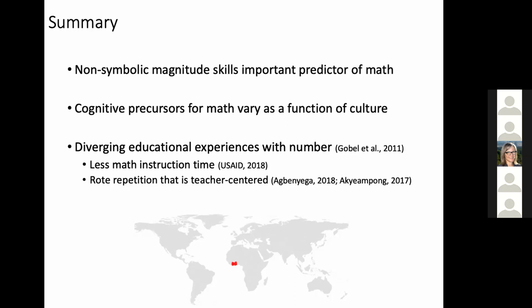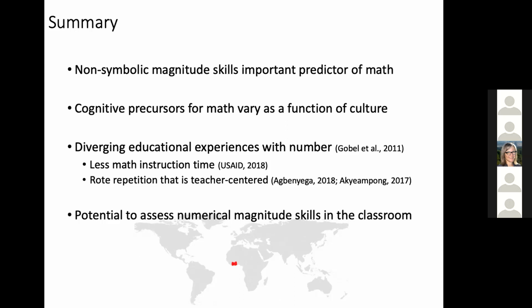So taken together, we found that the numeracy screener did show strong associations with international assessment of numerical magnitude abilities. But in our case, the non-symbolic comparison task was the stronger predictor of individual differences in Ghana and Cote d'Ivoire. And this lends support for its potential to be used practically in a classroom. But I think it also lends support for why both symbolic and non-symbolic conditions of the screener might be important for assessing individual differences in numerical magnitude knowledge.